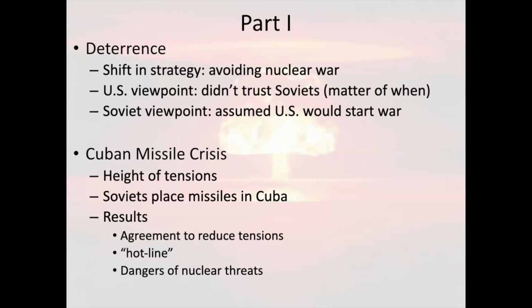The United States finds out. They use U-2 spy planes that are being used at this time, and they find these missiles in Cuba, and it becomes a worldwide almost catastrophe. This is the closest the United States and the Soviet Union come to nuclear war.